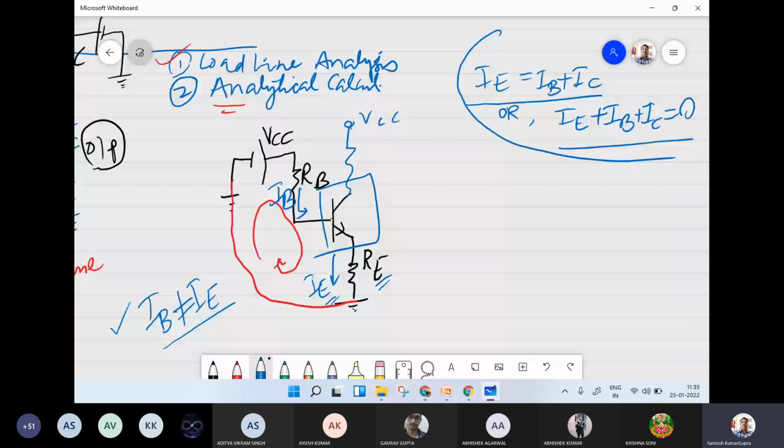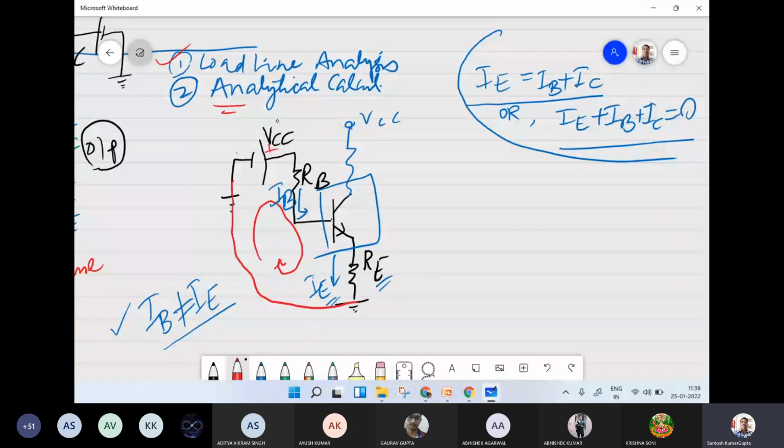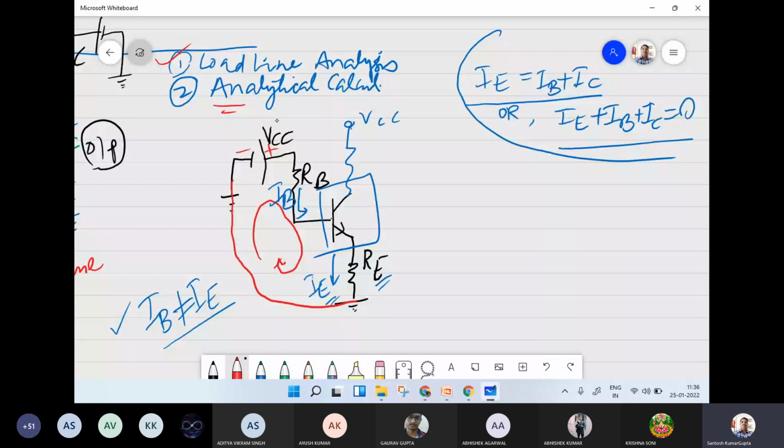Now we can very easily write the KVL equation here, just by figuring out the potential drops across these different resistances RB, RE, and across the base emitter junction.